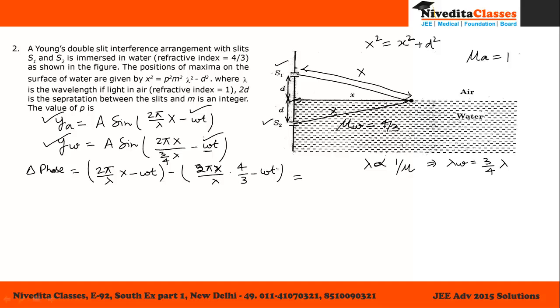And this we can write, cutting this omega t from both sides, and we know that this is 4 by 3 and this is 1. So we can write 1 by 3 into 2 pi X divided by lambda.